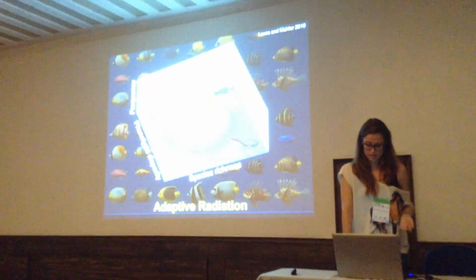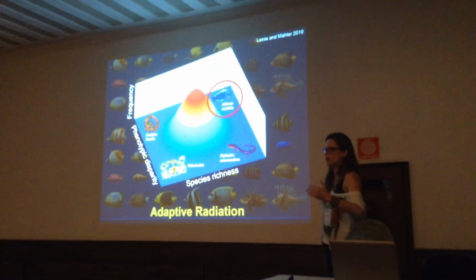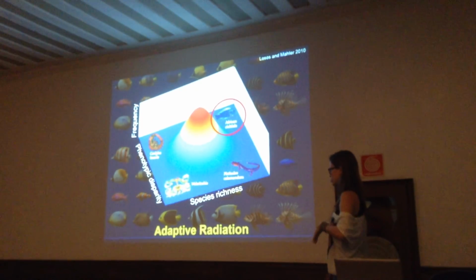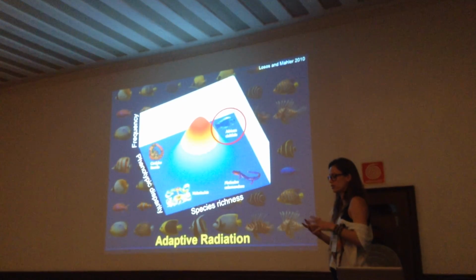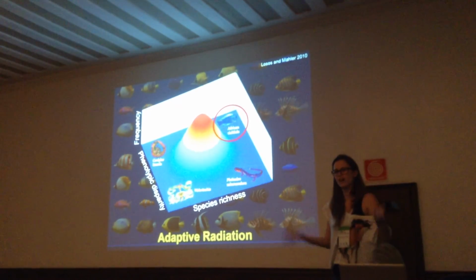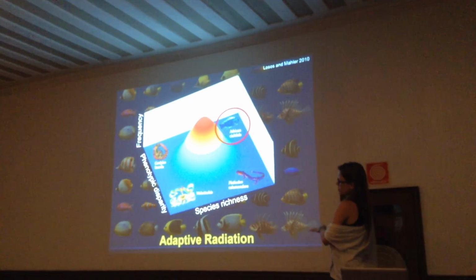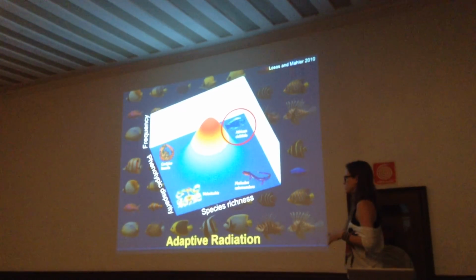In fact, these three situations, an increase in ecological opportunity, an increase in morphological diversification, and species diversification, comprise the conditions where adaptive radiations, the famous adaptive radiations, take place. Here I include this figure that illustrates different evolutionary radiations, not only adaptive radiation.